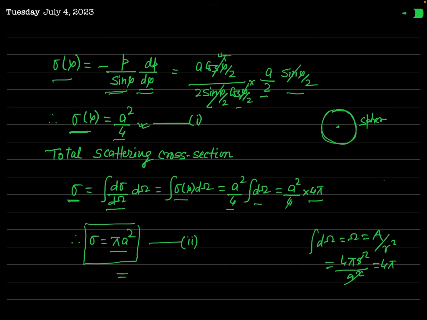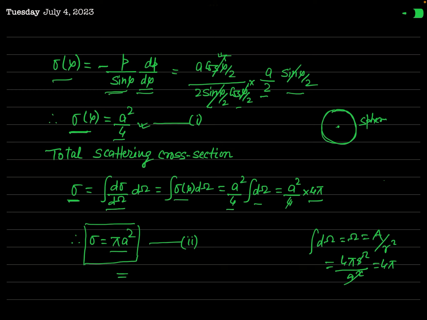Commonly this type of question will be asked as a multiple choice question, and if the choices for the total scattering cross section are 4 pi a square, 2 pi a square, pi a square, and nothing, then if you don't think seriously and don't solve the problem with proper calculation, you will think that the cross section should be 4 pi a square, but this is not 4 pi a square, this is only pi a square.